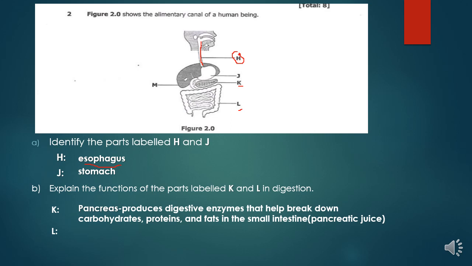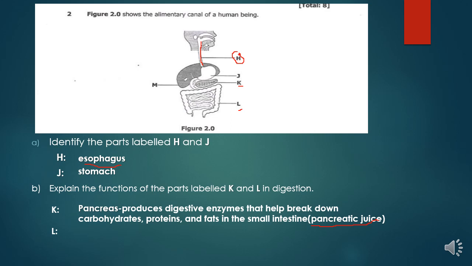These digestive enzymes are found in the pancreatic juice. So in other words, you can also say the main function of the pancreas is to produce the pancreatic juice.